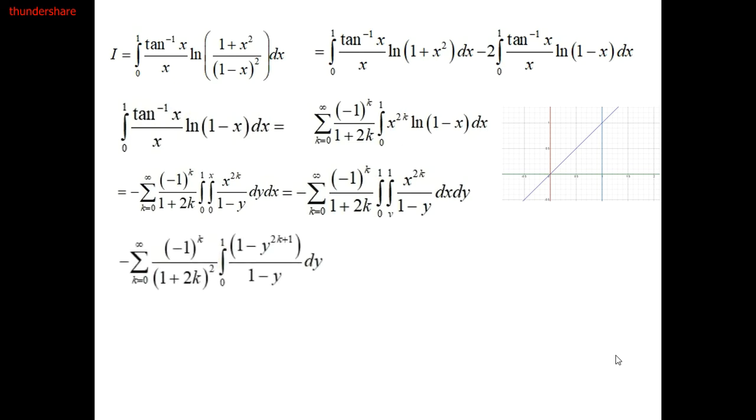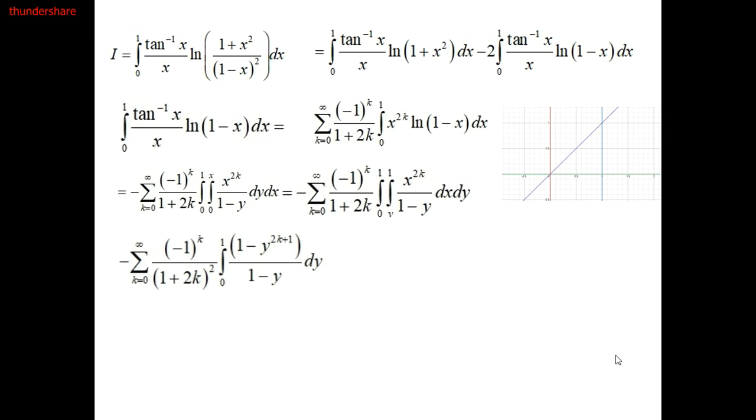So the 1+2k will be squared, and the integral will be negative sum k equals 0 to infinity of (-1)^k divided by (1+2k)^2 times the integral from 0 to 1 of (1-y^(2k+1))/(1-y) dy, after we substitute the values of x with y and 1.